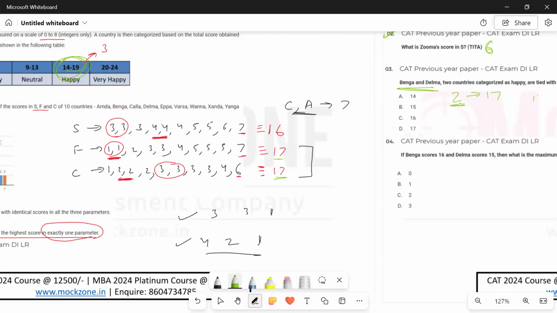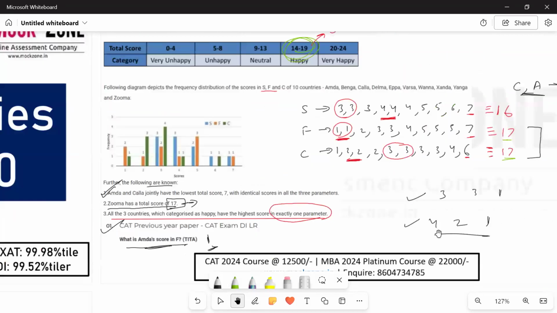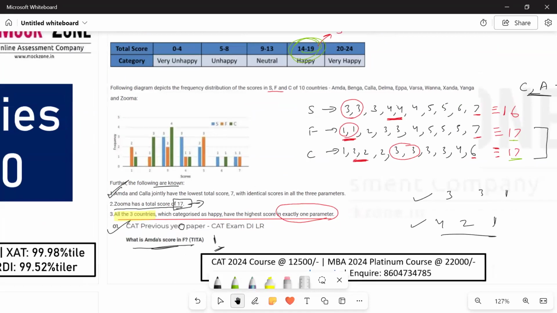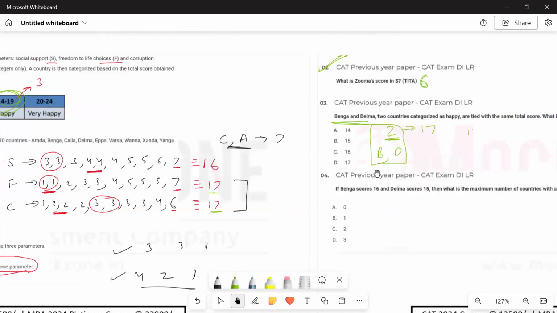So one is 17 already in happy, and the other two countries categorized as happy are B and D. So these three countries would be categorized as happy. We can have at max three countries because it is given that all the three countries. So only three countries are there as happy, which are Z, B and D.